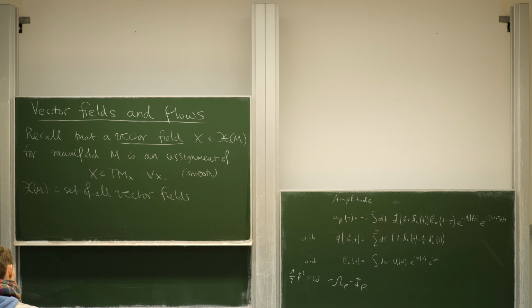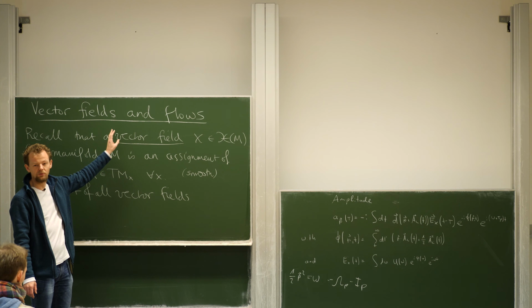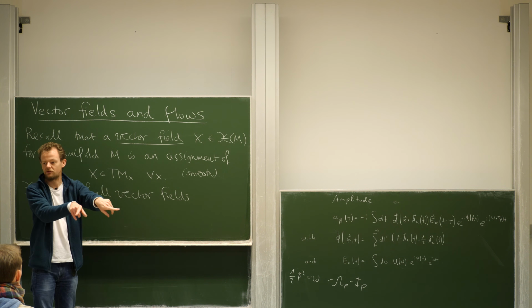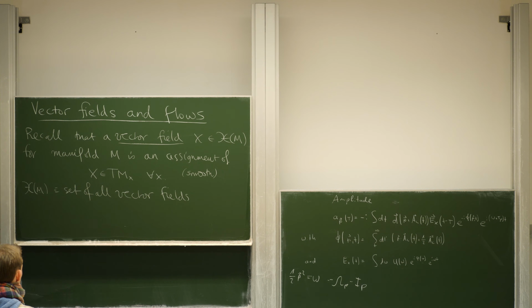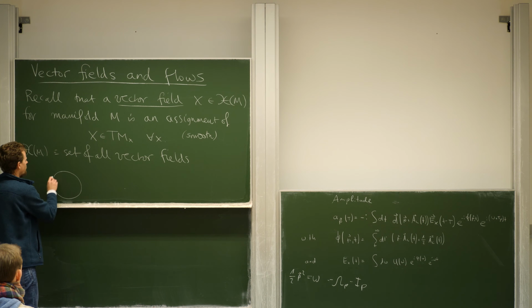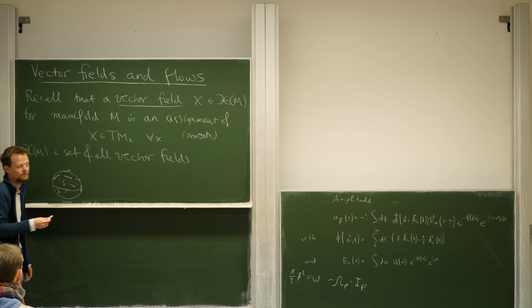That's a vector field. Now, we're going to introduce a notion of an integral curve for a vector field. If you think about a vector field as a bunch of little arrows on the top of a surface, let me draw a little cartoon here. Here's the sphere, for example. And a vector field is like an assignment of vectors on the sphere here, one per point on the sphere.